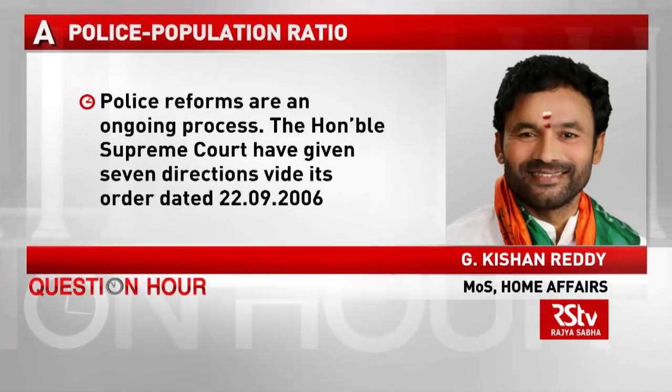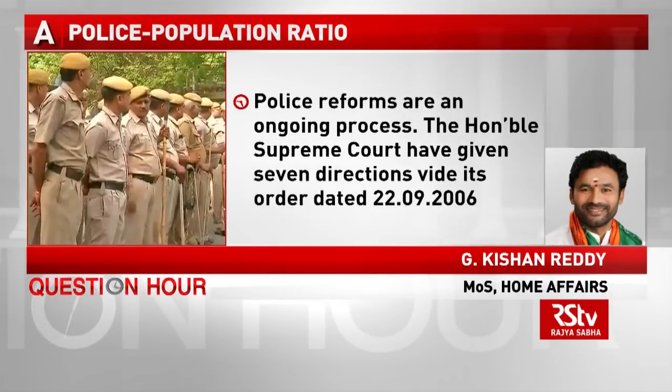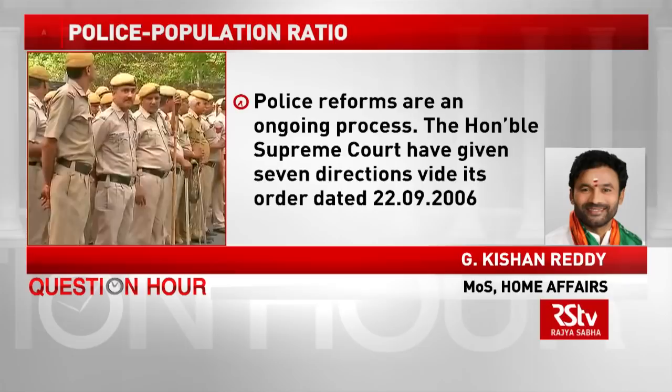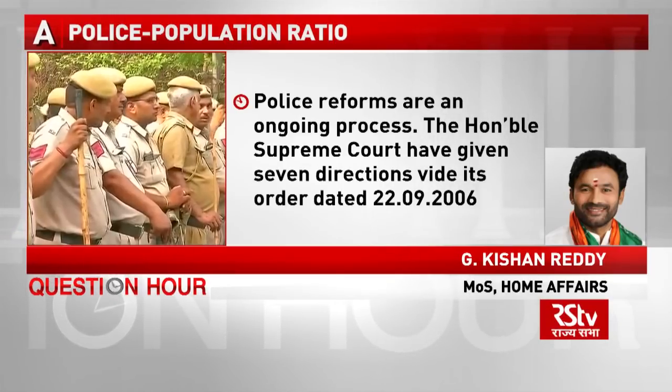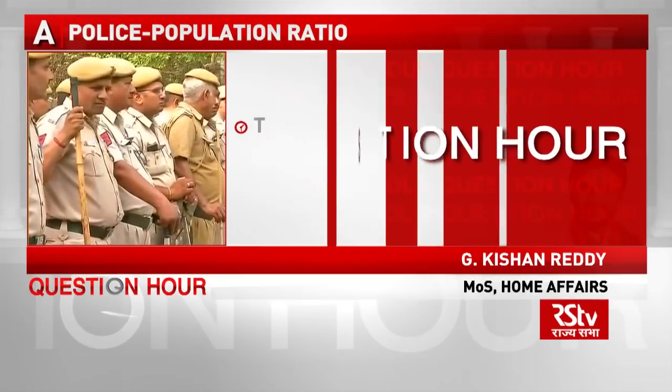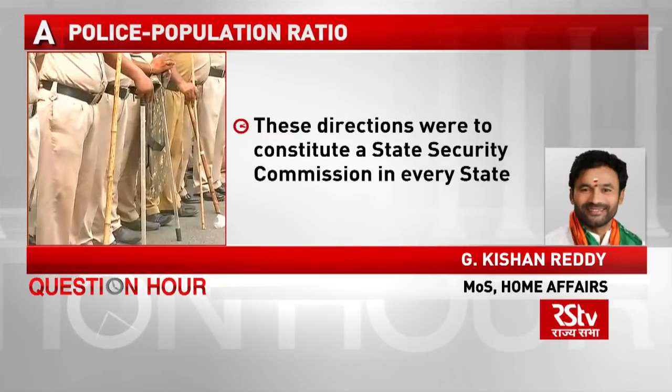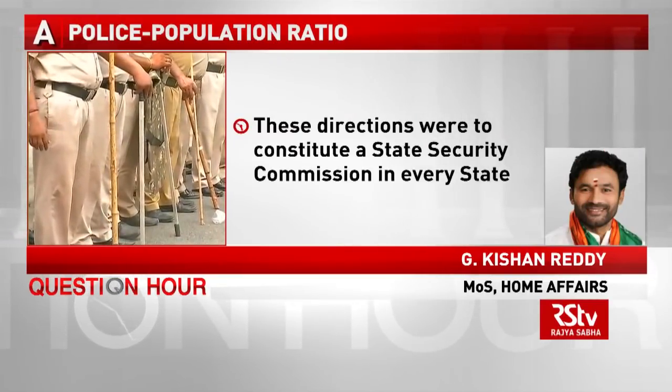The Honorable Supreme Court in the matter of writ petition titled Prakash Singh and others versus the Union of India and others have given 7 directions with its order on 22nd of September 2006.